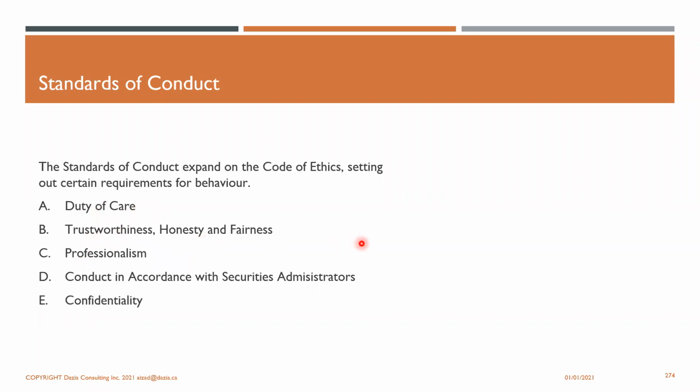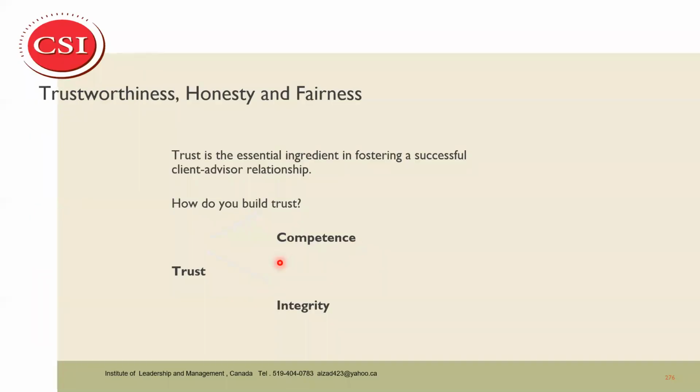Then trustworthiness, honesty, and fairness. Basically, how to build trust. There are two main things: competence and integrity. You need to know your product. If you don't know about mutual funds and you tell the wrong things to the client, they will not trust you because what you're saying doesn't make sense. It's not the correct information.